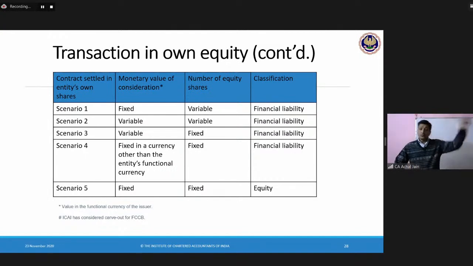If you go back to your notes, you will find that some part of the definition, which included some more aspects because of which an instrument can become a financial liability, was ignored by us. So now we are getting on to that part of the definition once again.